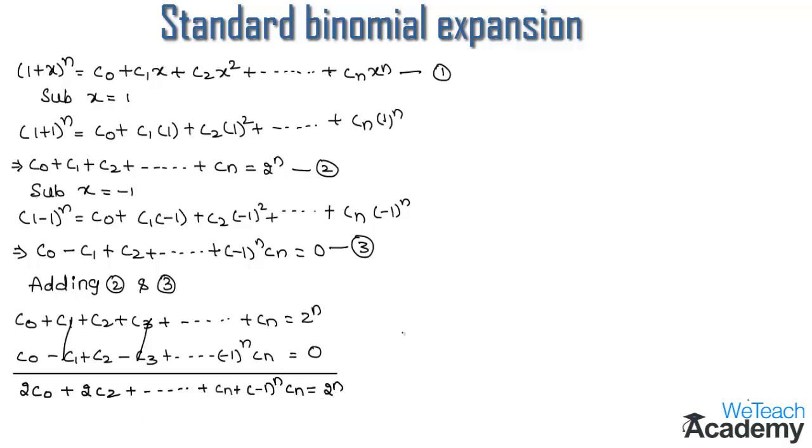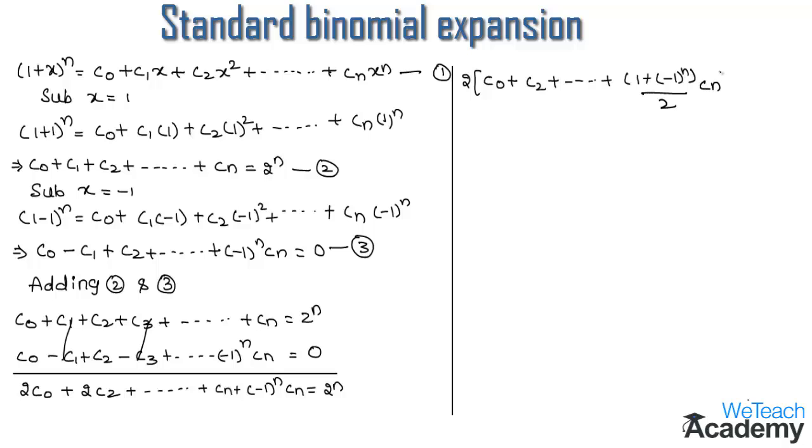Now let us take 2 as a common factor from the left hand side of the equation. So we get here 2 into c0 + c2 + so on plus, and here by taking cn as a common factor we get here (1 + (−1)^n) divided by 2 into cn is equal to 2^n. Now let us transfer 2 to the other side.